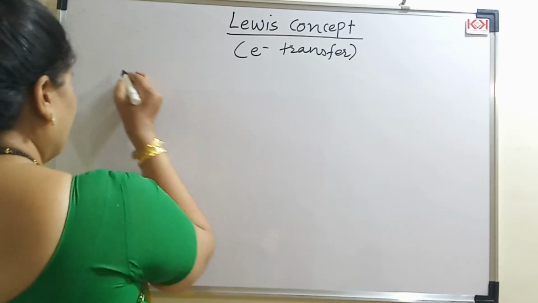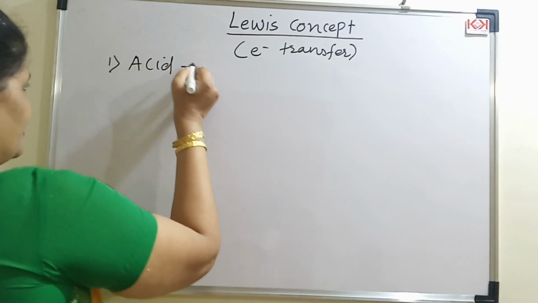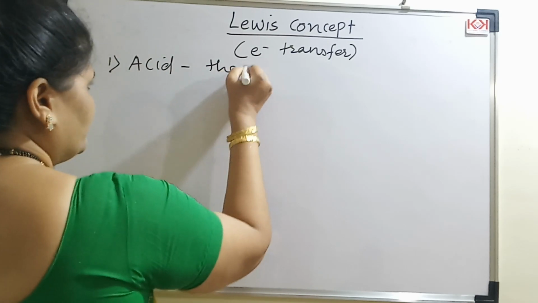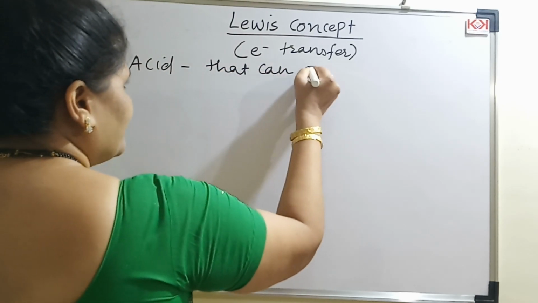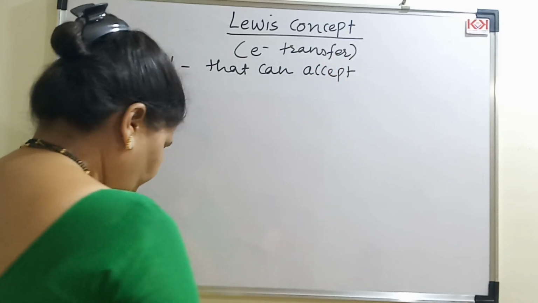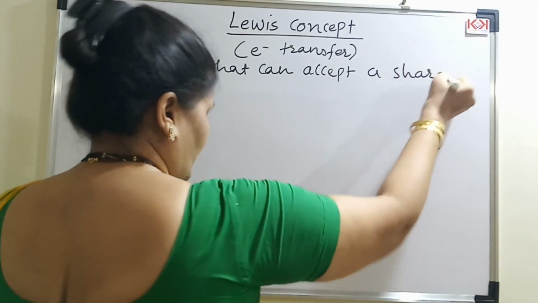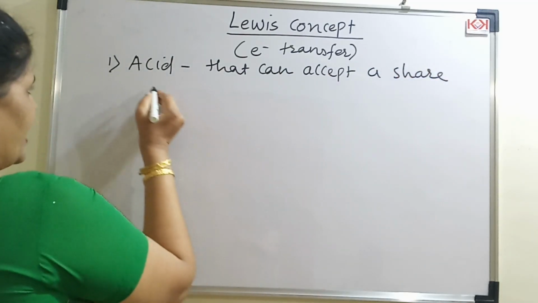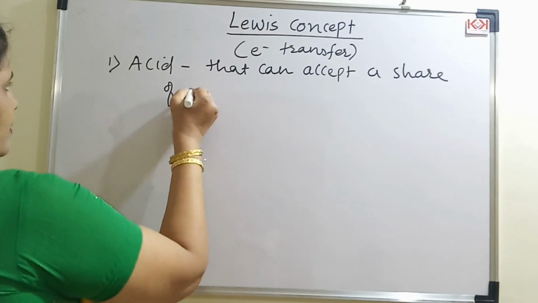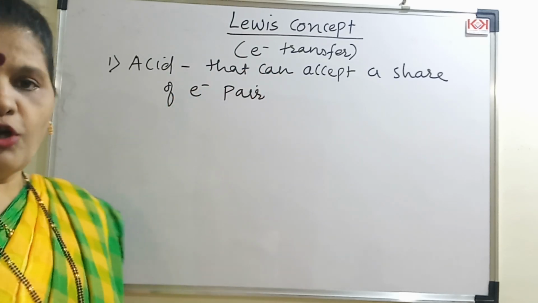So let us see what is a Lewis acid. According to Lewis, an acid is a substance that can accept a share of an electron pair.